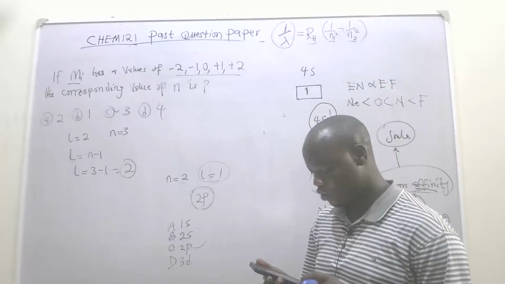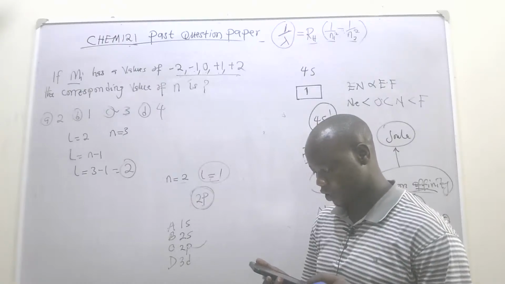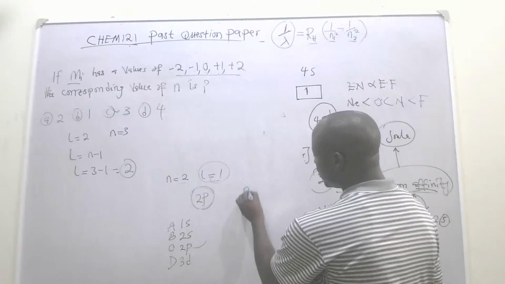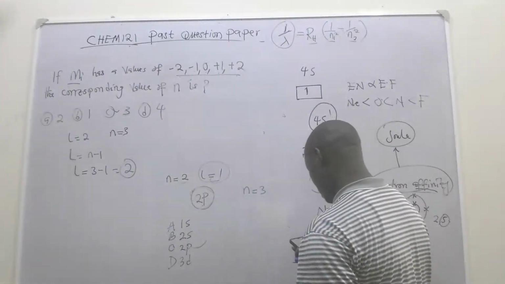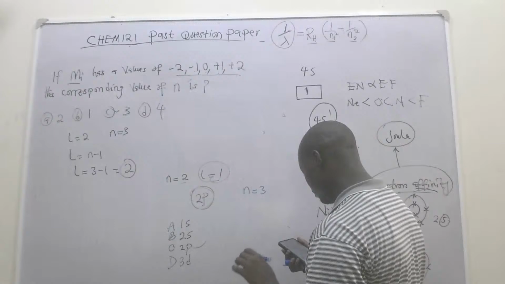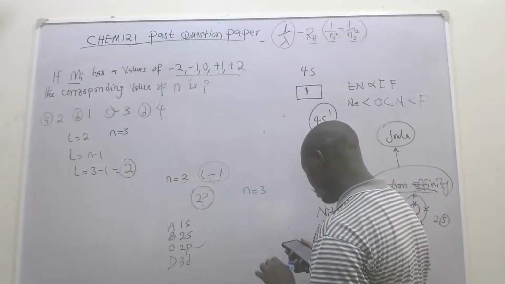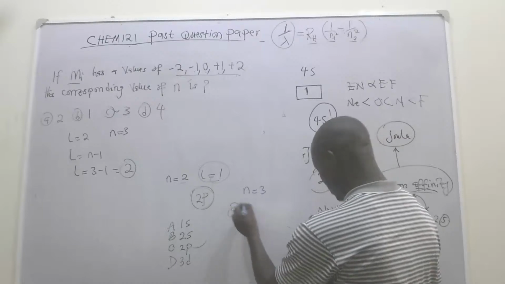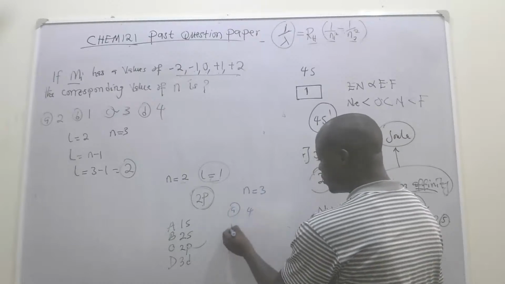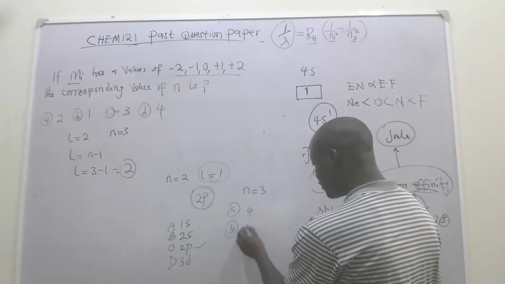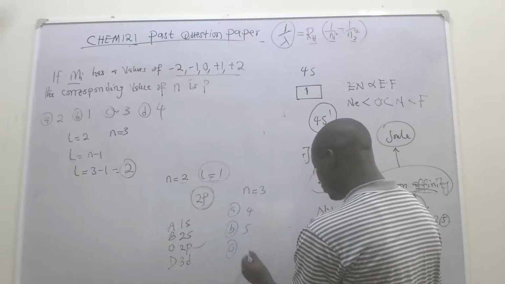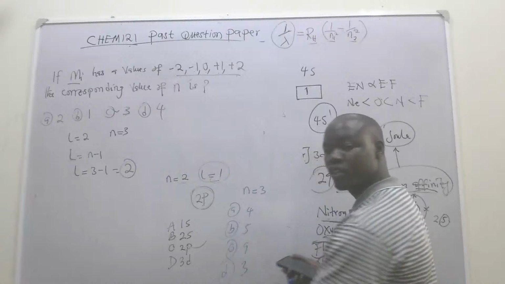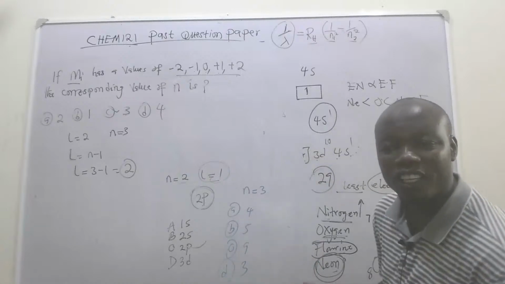The options are A is equal to 4, B is equal to 5, C is equal to 9, and D is equal to 3. So what is the answer to this? Okay, just to say 9.